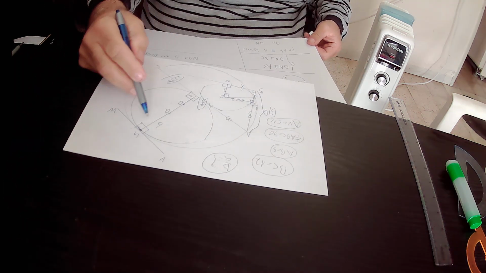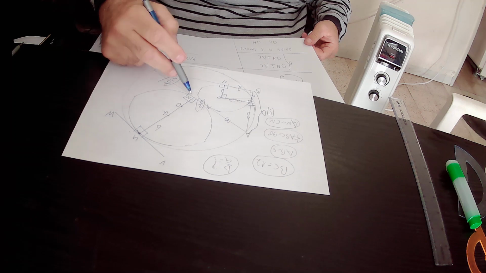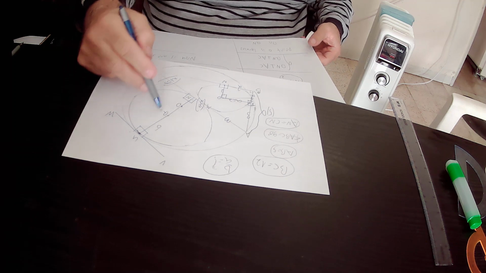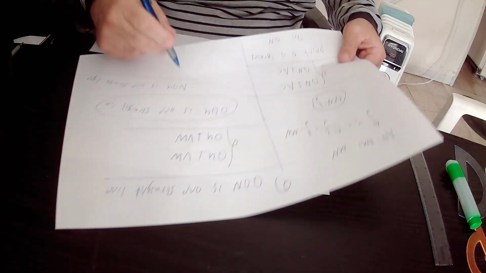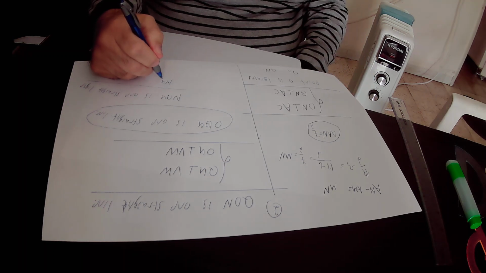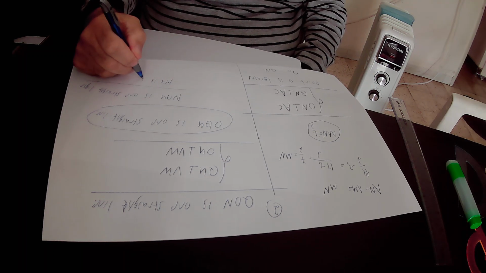If NQU is one straight line, it means that NU is also a straight line.